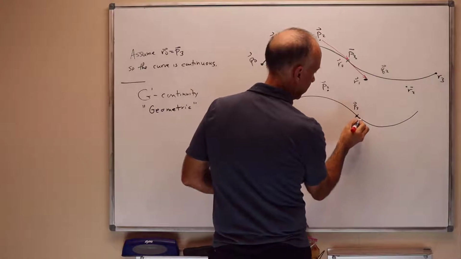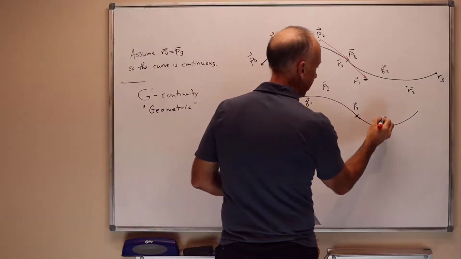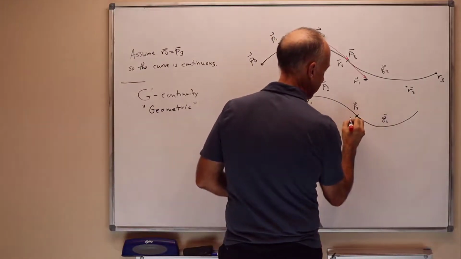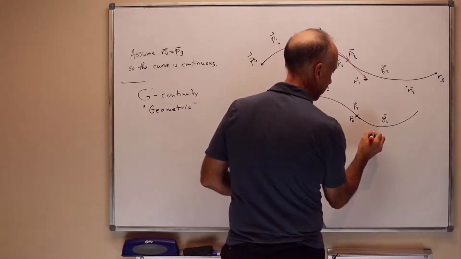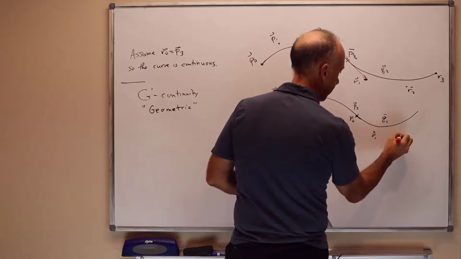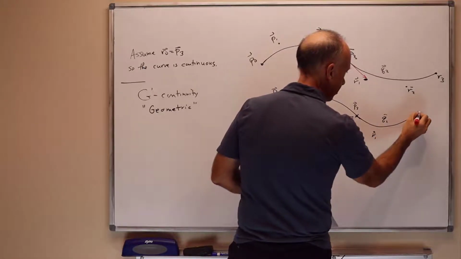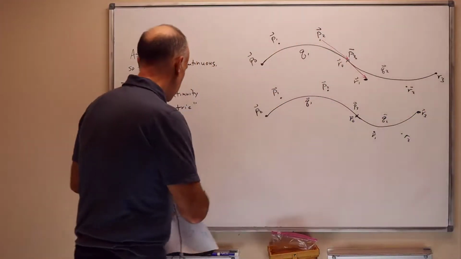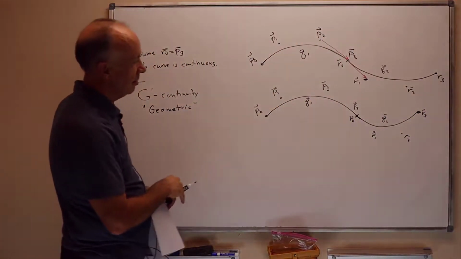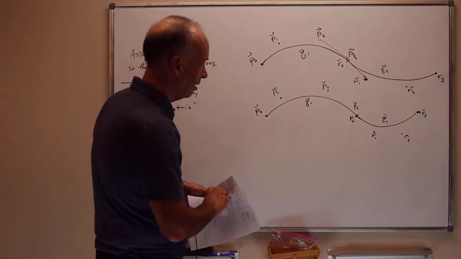And for Q2, they could be R0, which is equal to P3, R1, R2, and R3. So this, as drawn here, is not really C1 continuous.